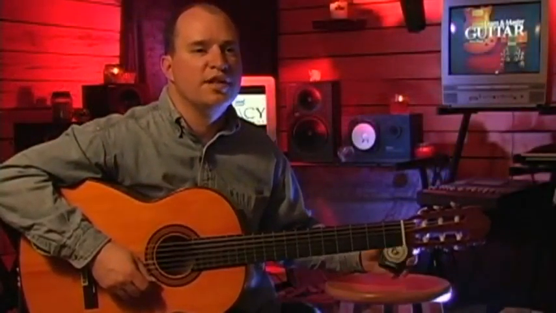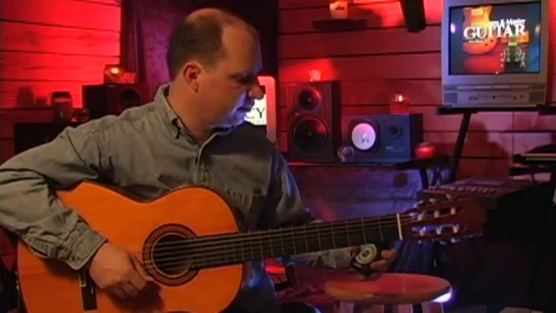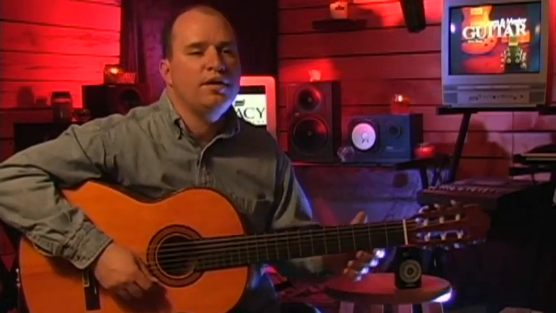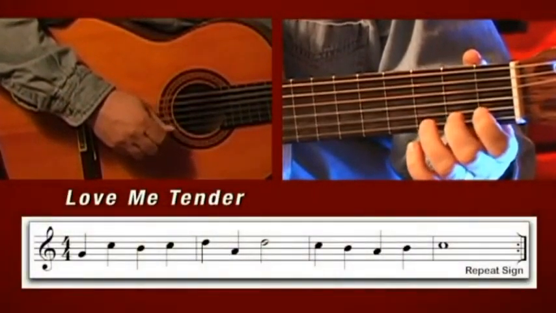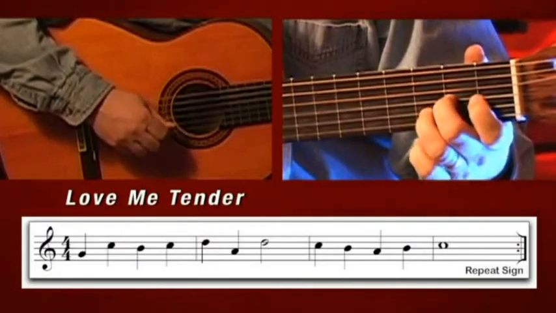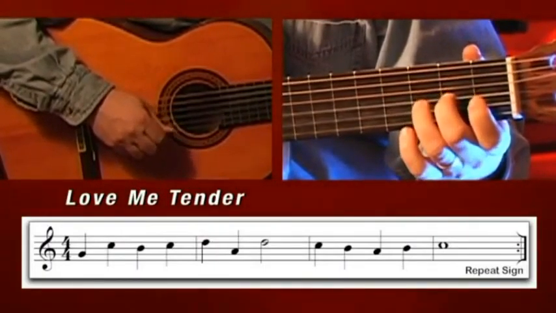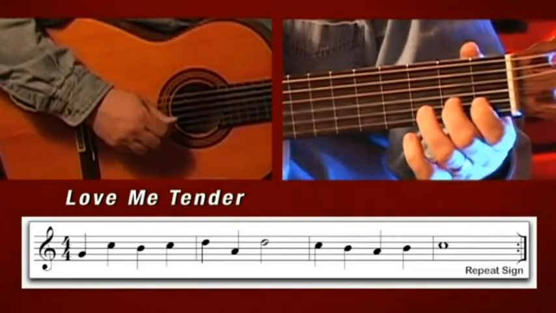Last one we need to do is Love Me Tender, or Aura Lee, the older name it was called. Let's put about right there. 1, 2, ready, go. Let's repeat this.